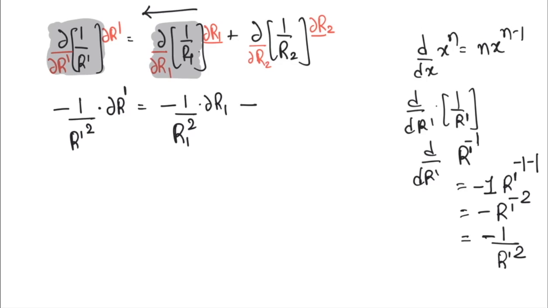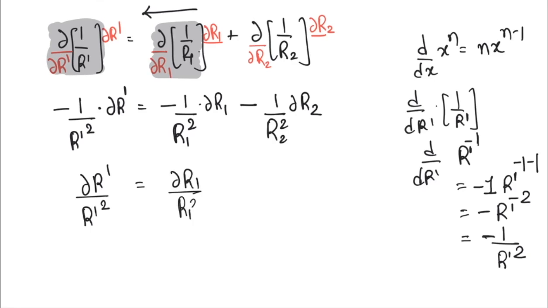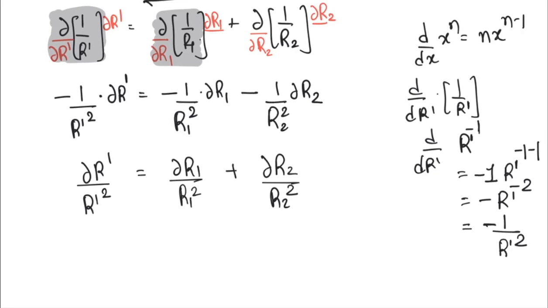Similarly here I'll get minus 1 upon r2 square del r2. Now taking the minus sign common and cancelling on both sides, I'll get del r dash upon r dash square is equal to del r1 upon r1 square plus del r2 upon r2 square.